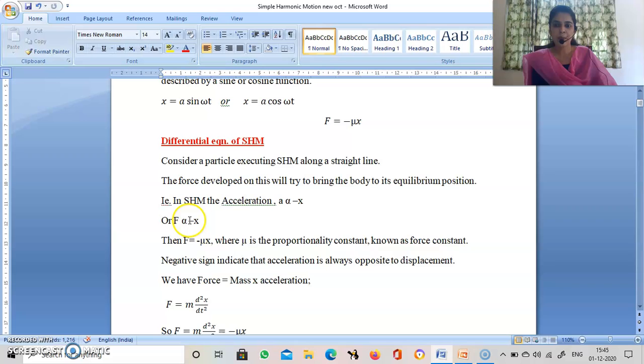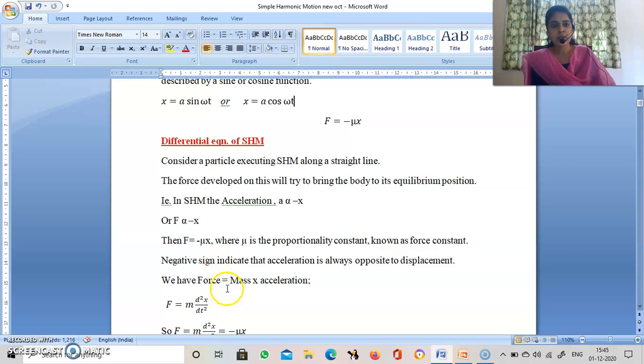That's why we put a minus sign here. Removing the proportionality sign and introducing a constant, we can write the equation as F equals minus mu x, where mu is a constant called the force constant. The negative sign in this equation indicates that the force is always opposite to the displacement.